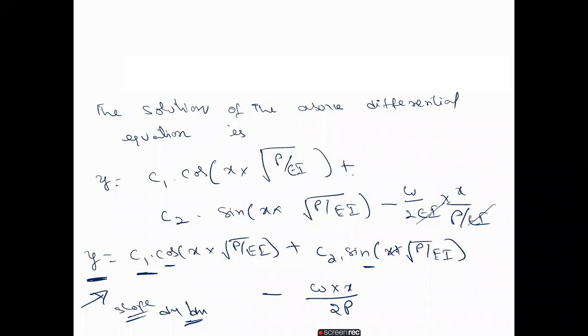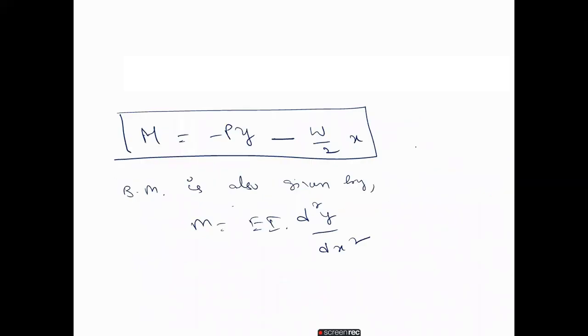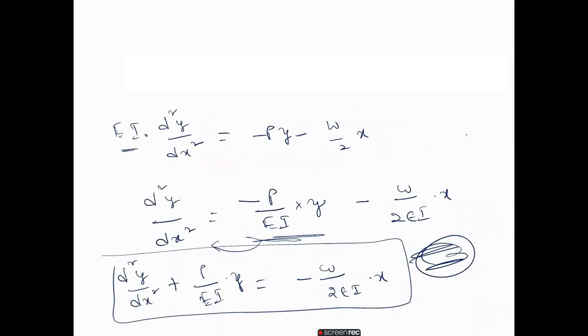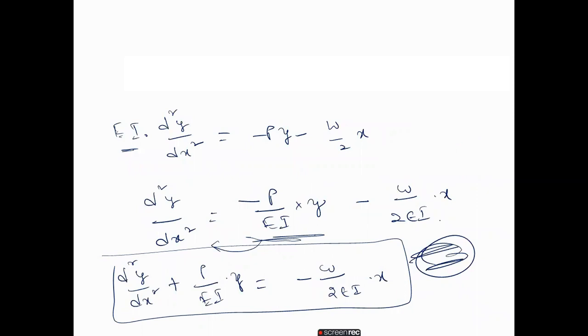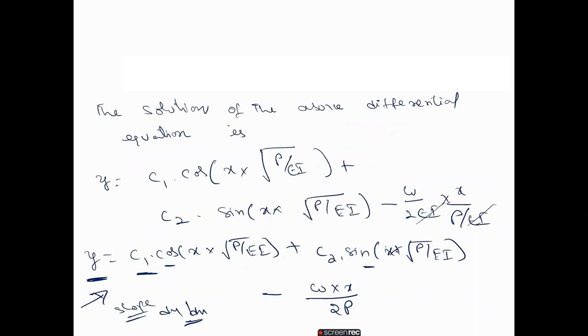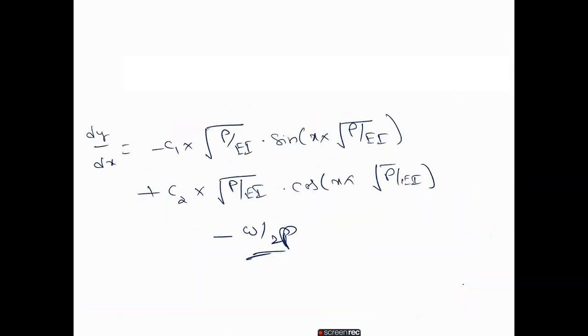I will give numbers to each equation clearly. This one is equation 1. This one, M equal to EI d square y by dx square, is equation 2. The third one is the solution we got, equation 3. And the fourth one, the slope value we just got, is equation 4.